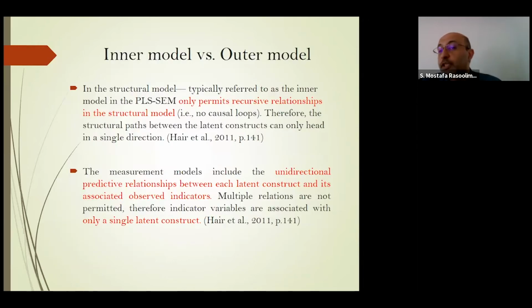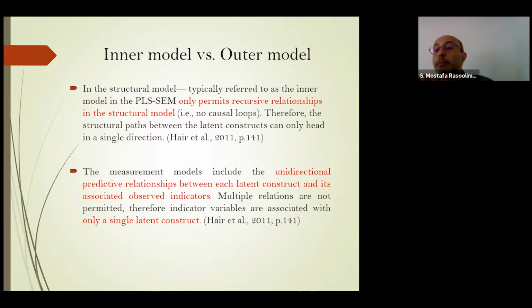Inner model and outer model. Outer model or measurement model, these two concepts can be used interchangeably. You can use either outer model or measurement model. Outer model or measurement model refers to the relationship between items or indicators of each construct and its variable, its construct, its latent variable, right?